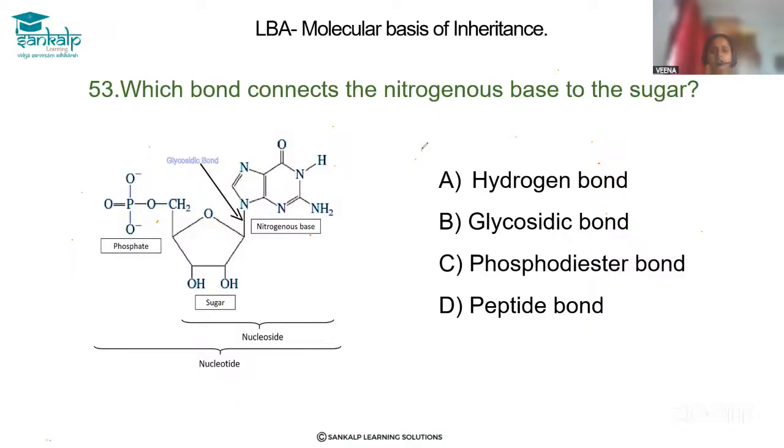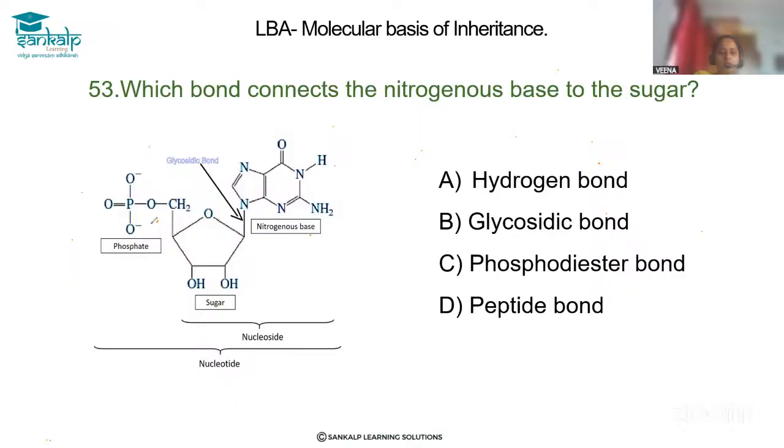Let's solve question 53. Which bond connects the nitrogenous base to the sugar? Dear students, we have already discussed the bonds present in DNA. While explaining the first question, I explained very clearly.